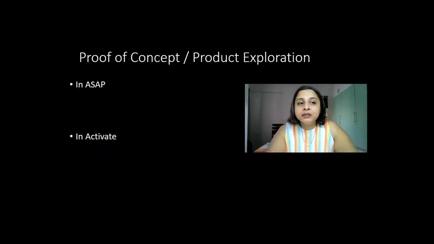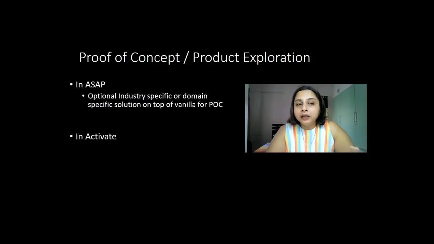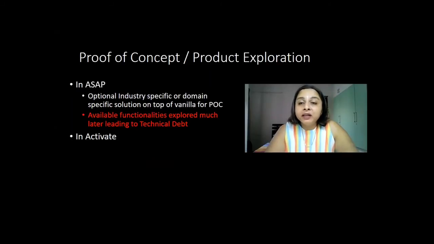Now, what happens in this proof of concept or product exploration phase is that in ASAP, optional industry specific or domain specific solutions were built on top of the vanilla system or the IDES system, and the available functionalities, if they were not implemented, were explored by the customer much later in the implementation project, which followed this waterfall approach.